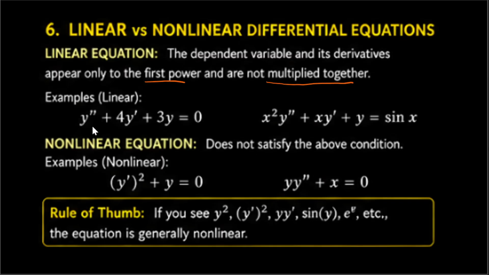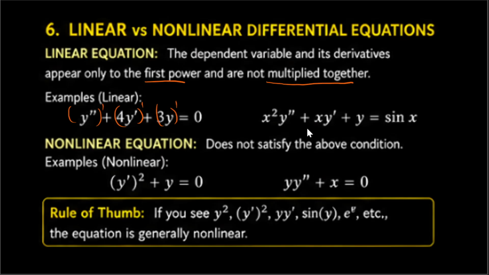because the derivatives which contain our dependent variable are not raised to any power but only to the power of 1, no? So this is raised to 1, this is raised to 1, and this is raised to 1. No, if in case this is 2, this differential equation will not be linear but nonlinear.